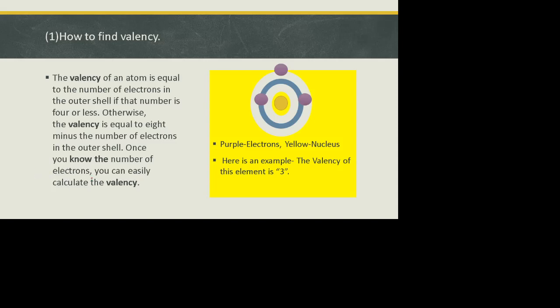We were just testing. This one is wrong. Here in the first shell, this is a mistake. In this way we cannot find the valency. The electron in the outer shell is 1, that's why the valency of this element should be 1.